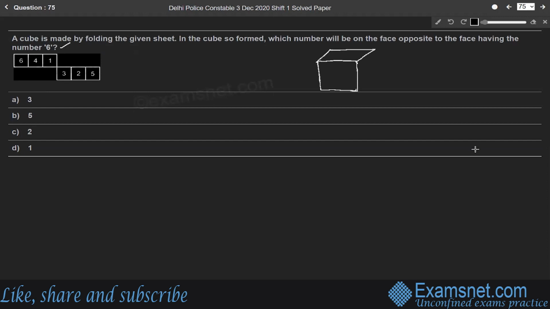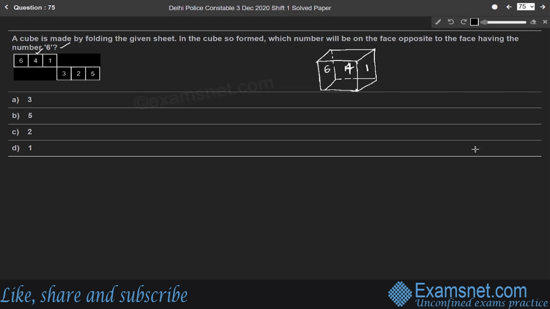If the given sheet of paper is folded, if 4 is the hind face, that means at the back, 6 becomes the left face and 1 will be the right face.